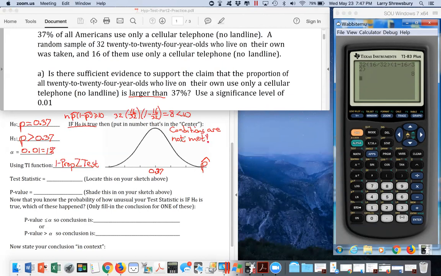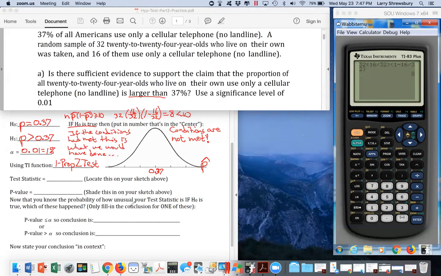But even though they're not met, we'll just say this: if the conditions had been met, in other words, we would need to have a larger sample size, this is what we would have done. Dot, dot, dot. And so that way you can see everything else.